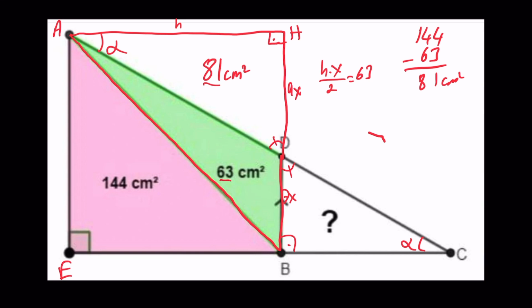If this one is 81 centimeters squared for the 9X, there is a proportion. You can think that, let me erase this. There's a proportion in here. Same thing, with the same approach, you can solve the question if you like.